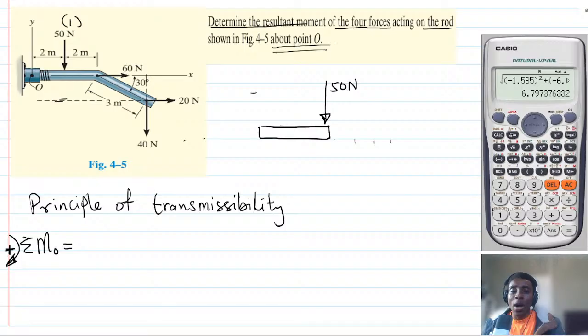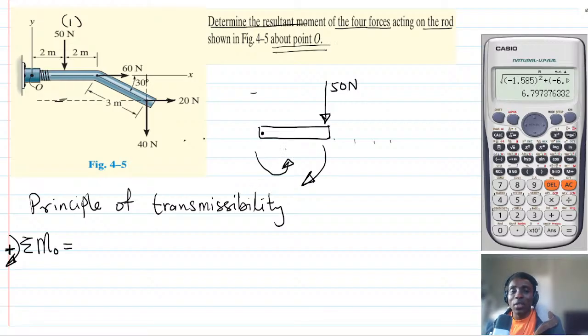I want to ask you, if you push this rod with this 50 Newton force and it is coming down in that direction, will it go clockwise or counterclockwise?